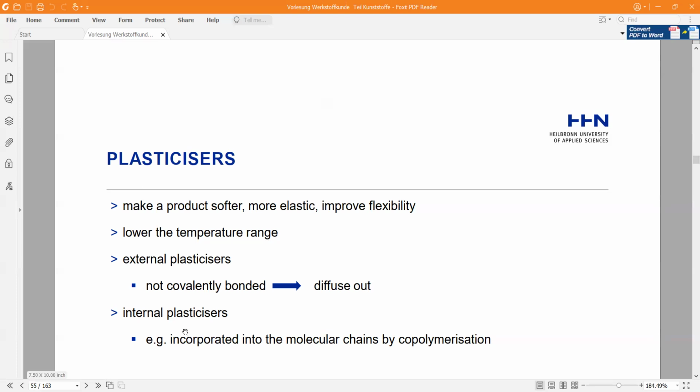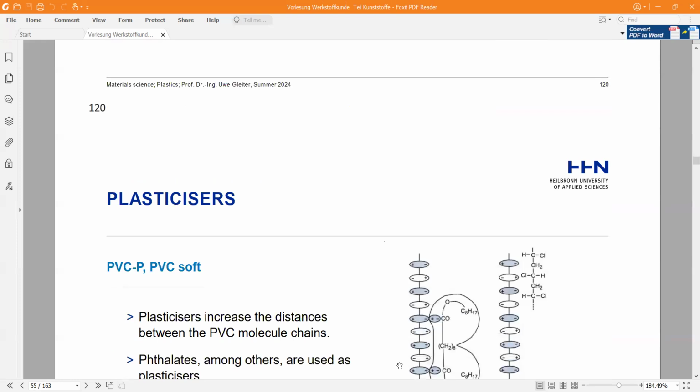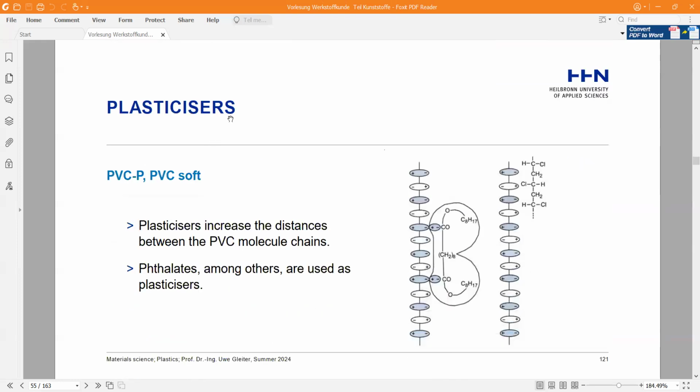And internal plasticizers, for instance, are incorporated into the molecule chains by copolymerization. So plasticizers, for instance, PVC-P or PVC soft. So plasticizers increase the distance between the PVC molecule chains, and phthalates, among others, are used as plasticizers.